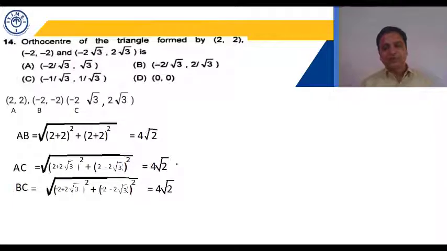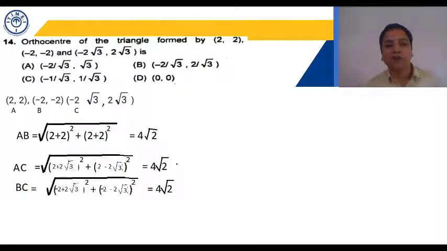Its expression is more or less the same as written for AC. If we take the minus sign common, the square of minus sign becomes positive. So it's again a plus b whole square and a minus b whole square. So plus 2ab and minus 2ab go out. So 2 square is 4 and 2 root 3 square is 12. 12 plus 4, 16. So 2 times 16. Square root of twice 16 comes out to be 4 root 2.